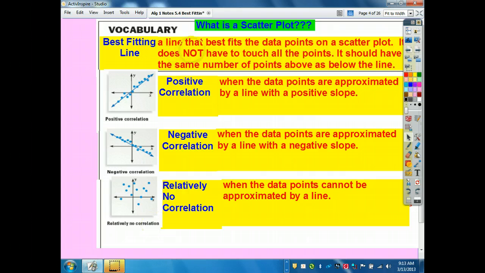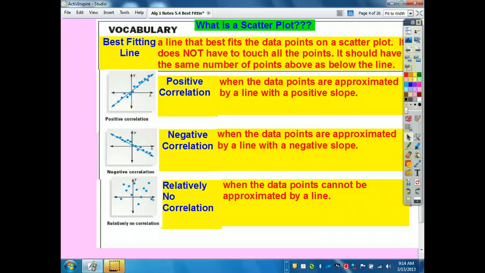Now this definition says a line that best fits the data points on a scatter plot. When you notice these lines, it doesn't have to touch every single one of the points.